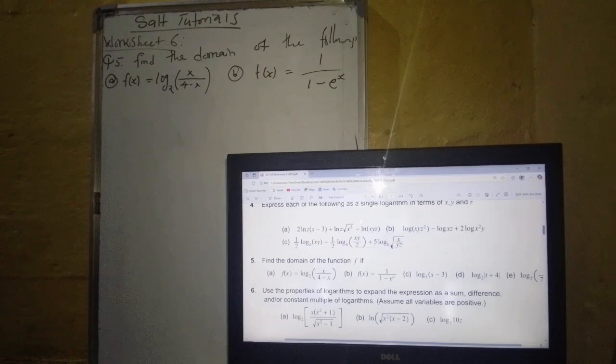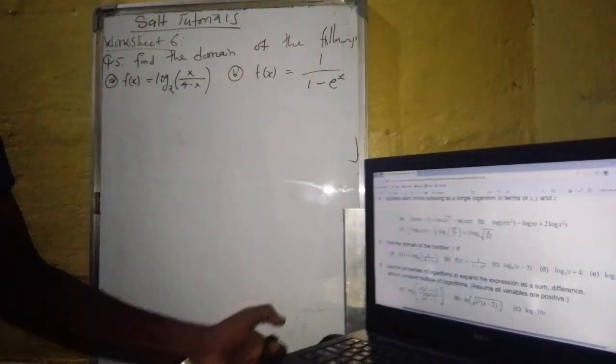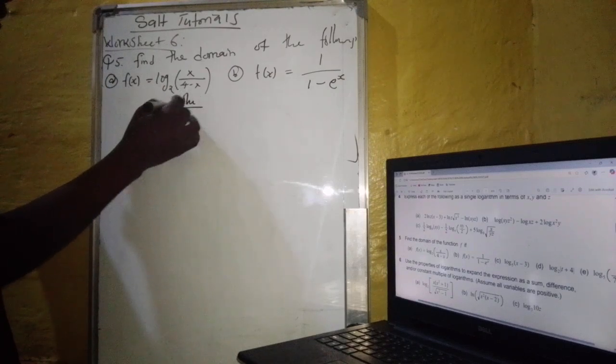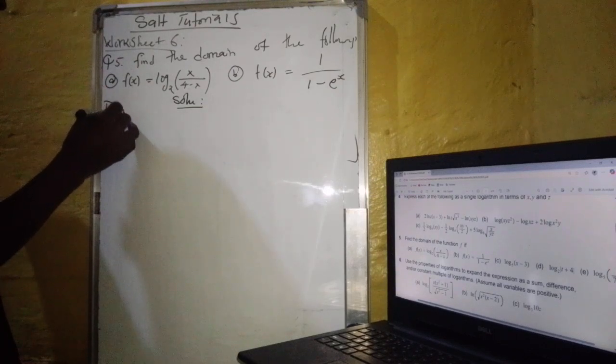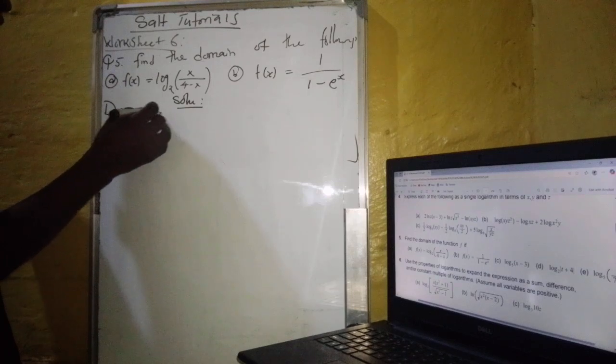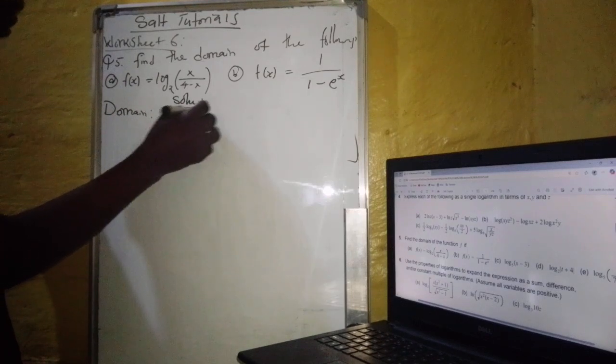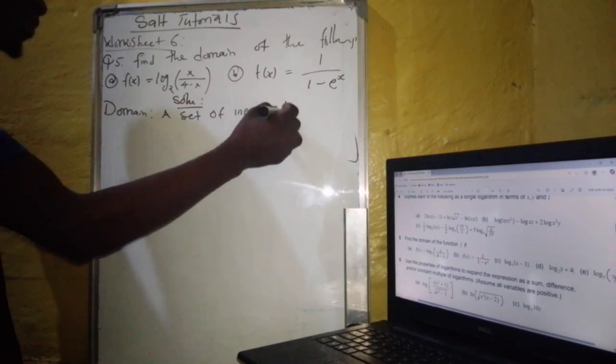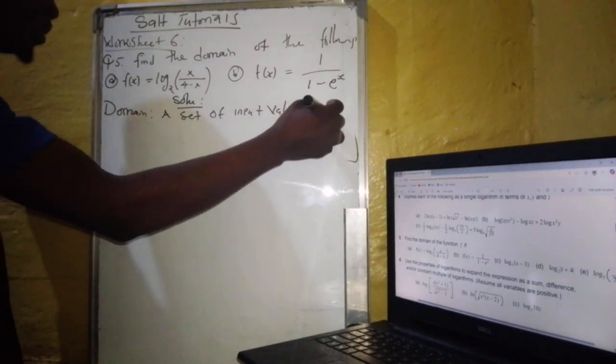It's still the same definition of a domain even in exponential or logarithmic functions. Remember, we defined the domain as the set of input values, and these input values are our x values.